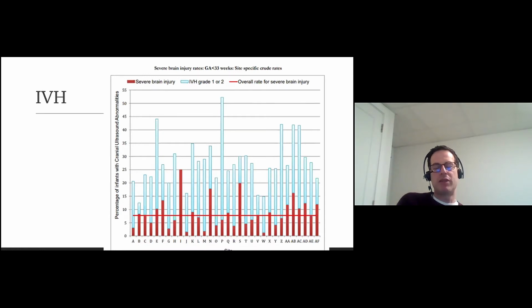Not surprisingly, after you've seen the evidence with NEC, there is great variation across the country in terms of rates of cranial ultrasound abnormalities and severity of cranial ultrasound abnormalities. So one would question, for example, what is going on with center I, where all of the abnormalities reported are severe.